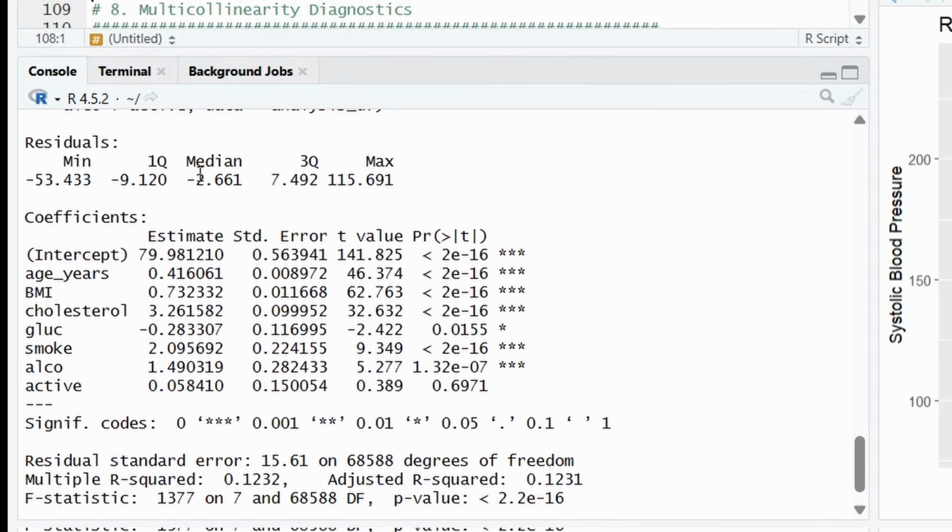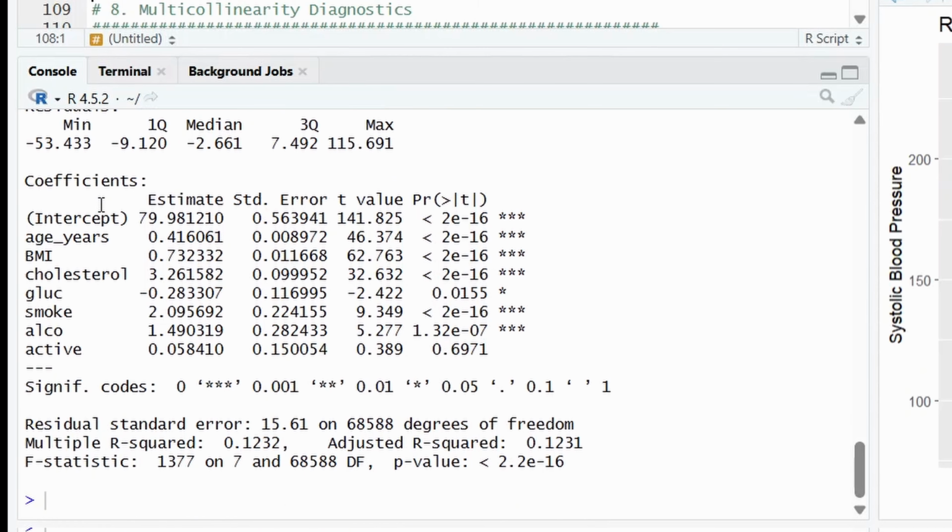Looking at the residuals, which are the differences between observed and predicted blood pressure, most values are close to zero, but there are a few large positive and negative residuals. This means that while the model works reasonably well for most participants, some individuals have blood pressure much higher or lower than predicted.